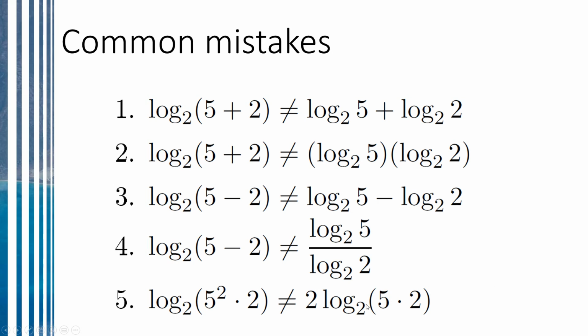You have to add first, the logarithm of 5 squared with base 2 plus the logarithm of 2 with base 2. Then you can have 2 logarithm of 5 with base 2 plus the logarithm of 2 with base 2. So that is how it should be. So that's all for today.